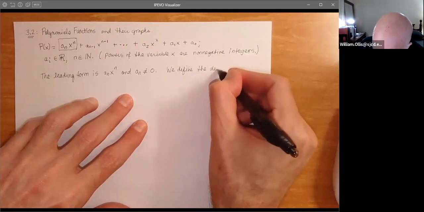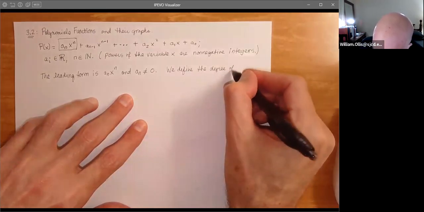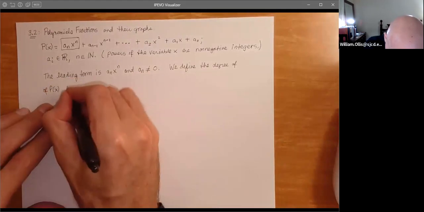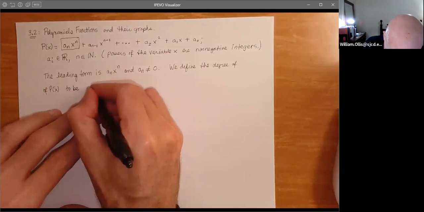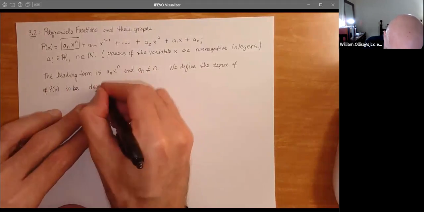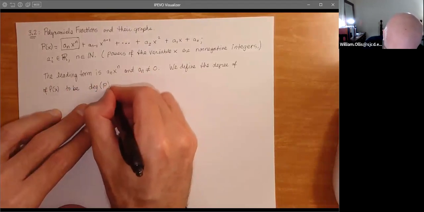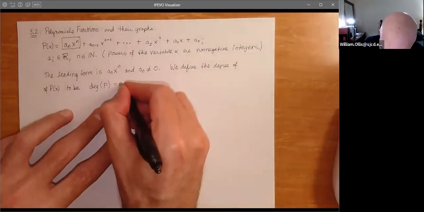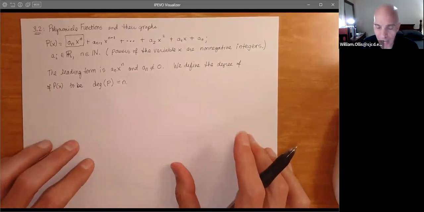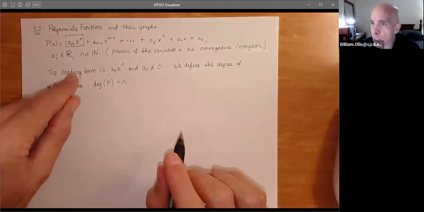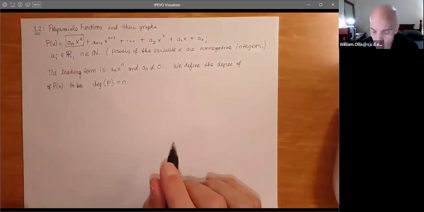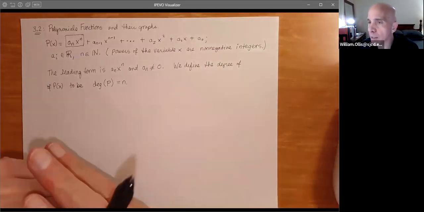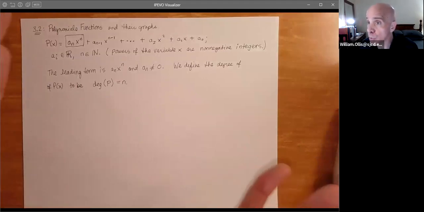We define the degree of p of x to be, and we write it this way, we just say DEG, and usually we're just kind of lazy, we'll just do p and not the x dependence, equals n. So basically we take the leading term, and that includes the largest power of x. Like with the quadratic polynomial, the degree is clearly 2.